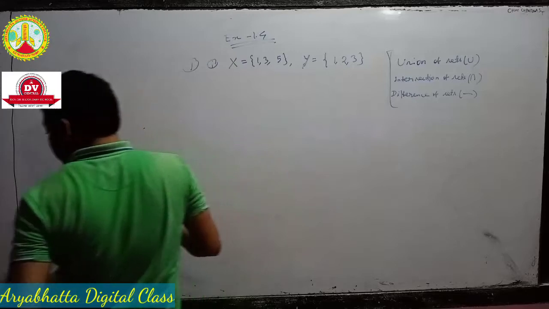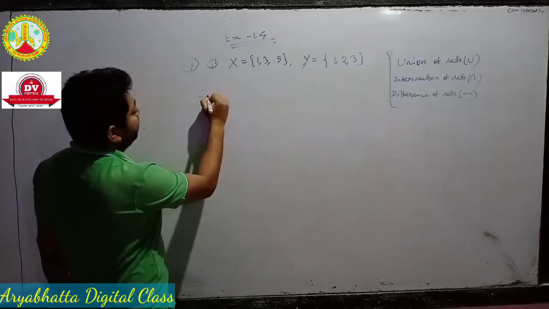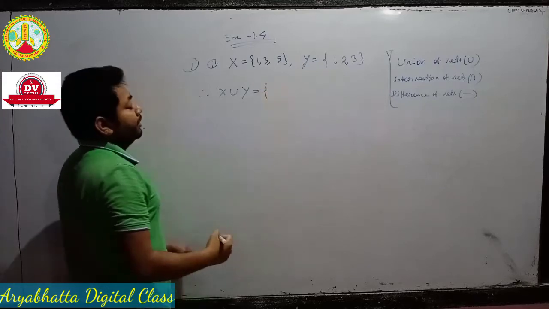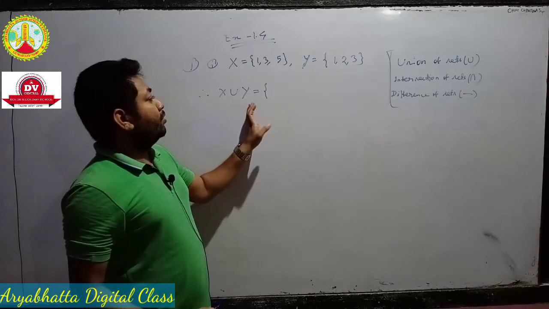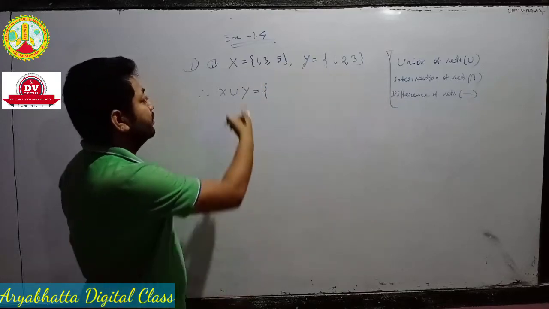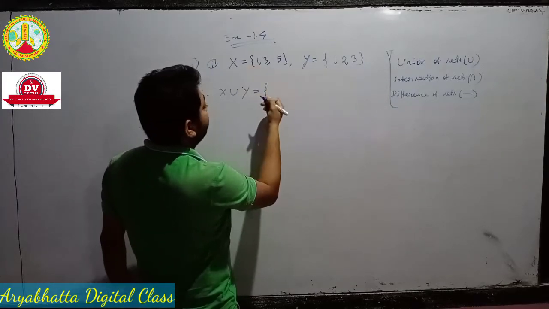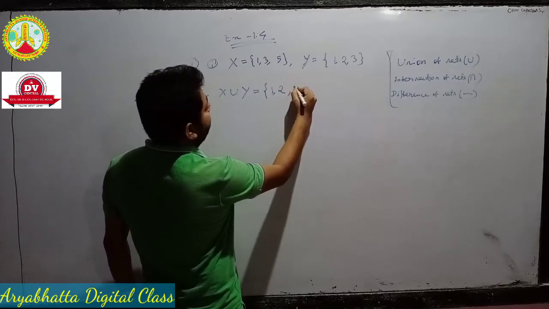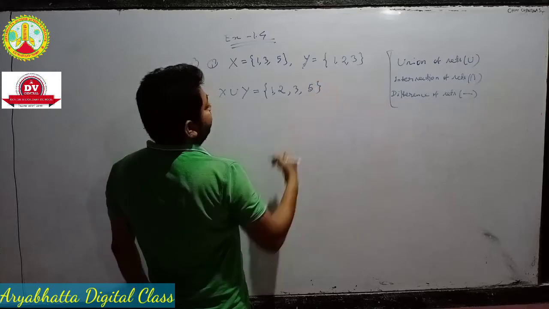Find the union of these sets, denoted by x union y. We know that x union y is the set of all elements of the sets x and y. Therefore, the elements of x union y are 1, 2, 3, 5.